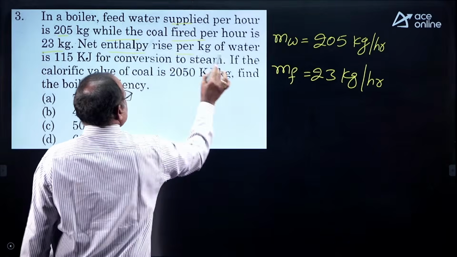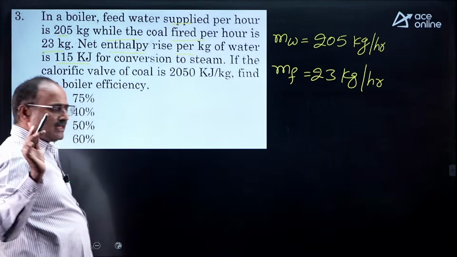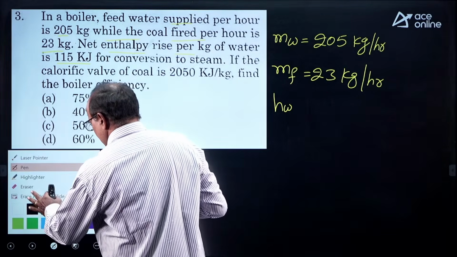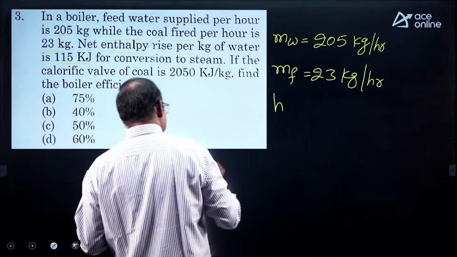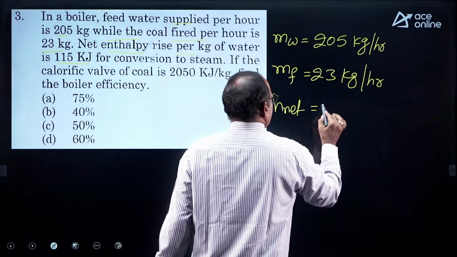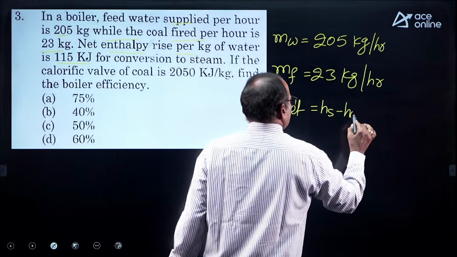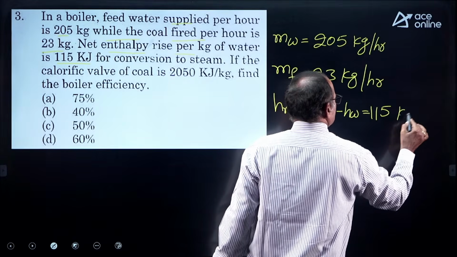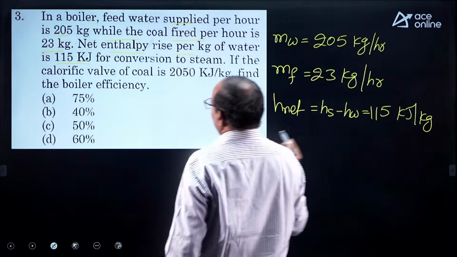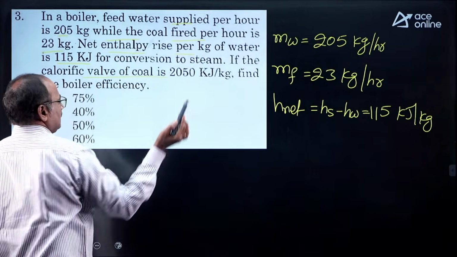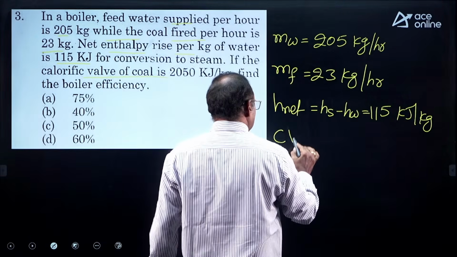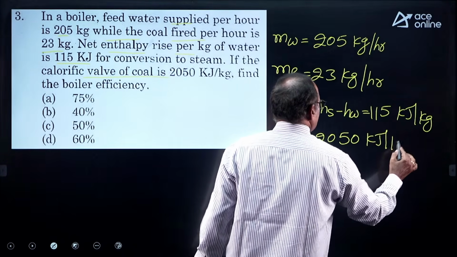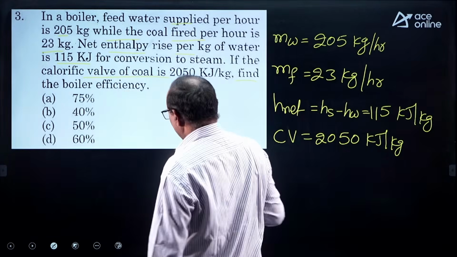Net enthalpy rise per kg of water, that is the enthalpy of the steam minus the enthalpy of the feed water, is given as 115 kilojoules per kilogram. And calorific value of the fuel is given as 2050 kilojoules per kilogram. You are asked to find the boiler efficiency.